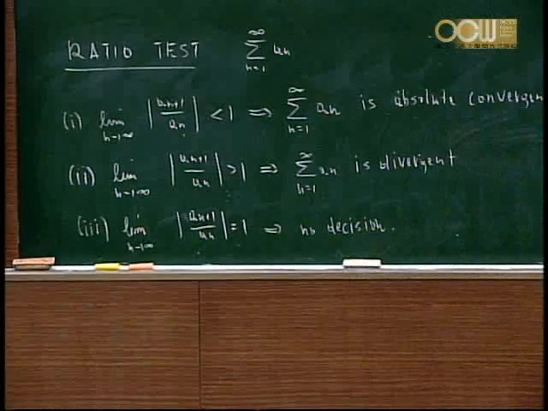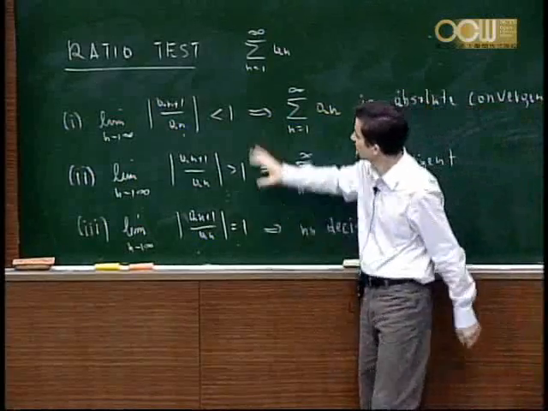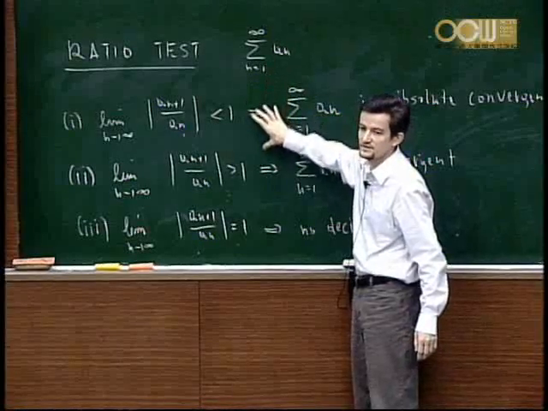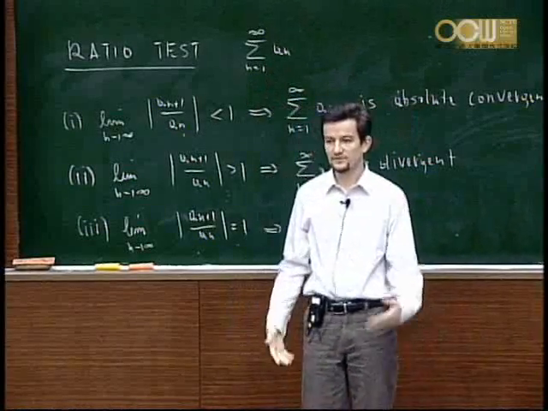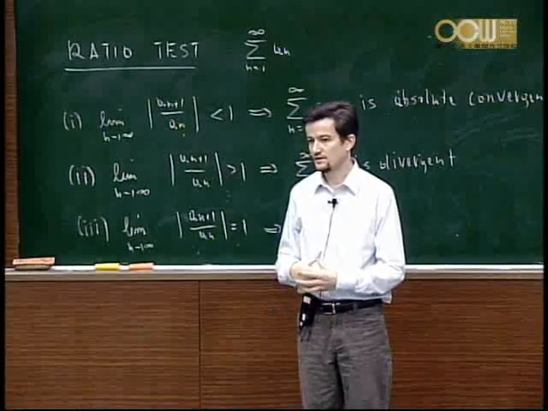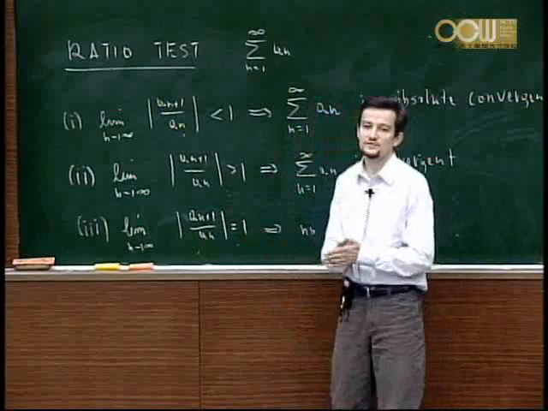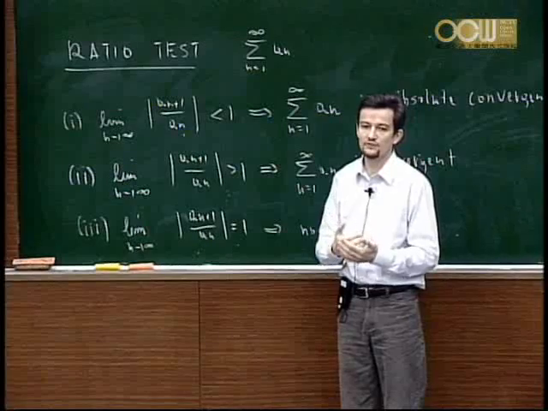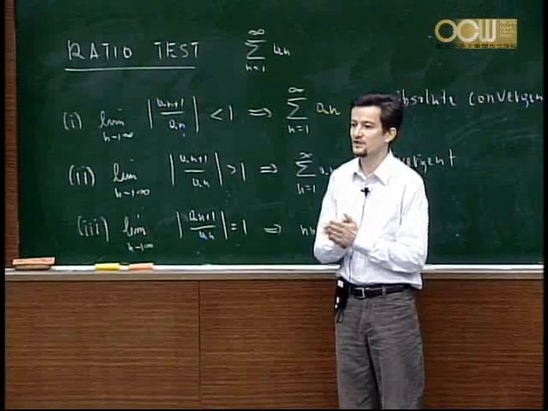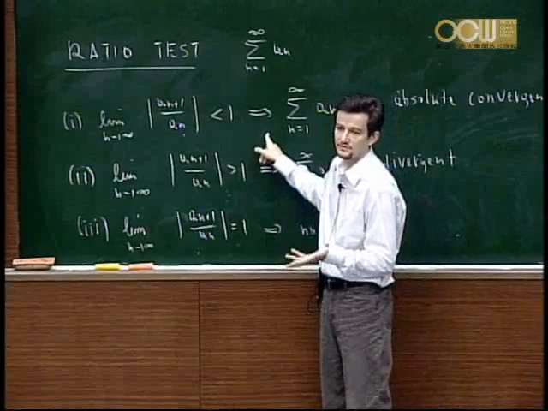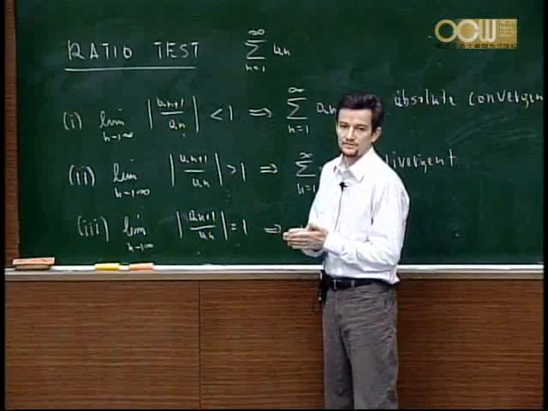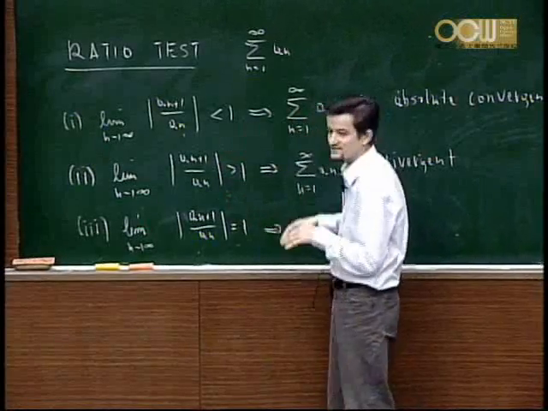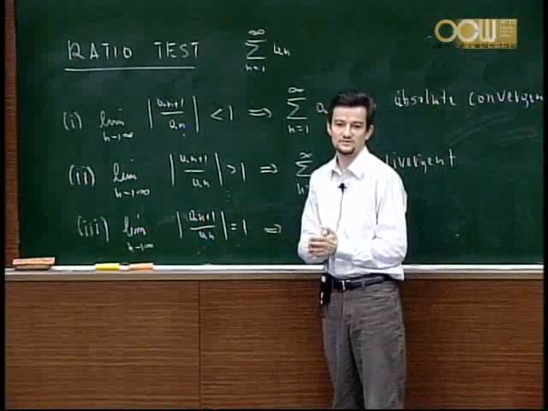If we compare the ratio test to the previous tests, the comparison test, you see that the first part of the ratio test, which tells you the series is convergent, is actually just the comparison test in disguise. Namely, I compare with the geometric series. The reason I reformulate the comparison test like this is because it's more convenient. If you can apply the ratio test and get convergence, clearly you can apply the comparison test as well.